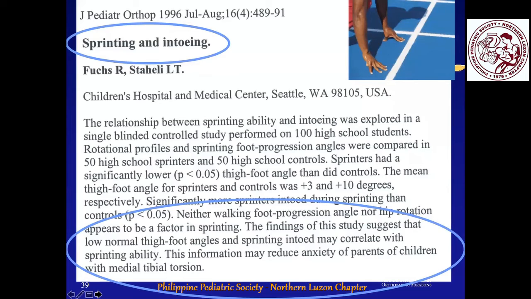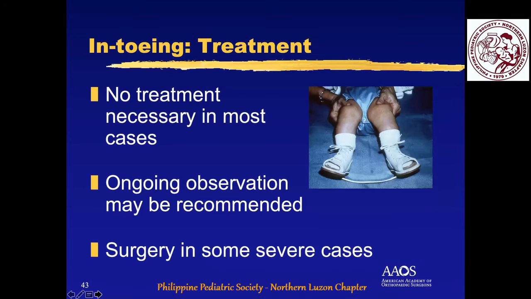No? So they actually show that people who have in-toeing may actually be better off than people with straight or out-toed feet. The treatment for in-toeing is usually no treatment in most cases. In patients with very severe deformities, they may need bracing, no? And surgery in some very severe cases is rarely done.